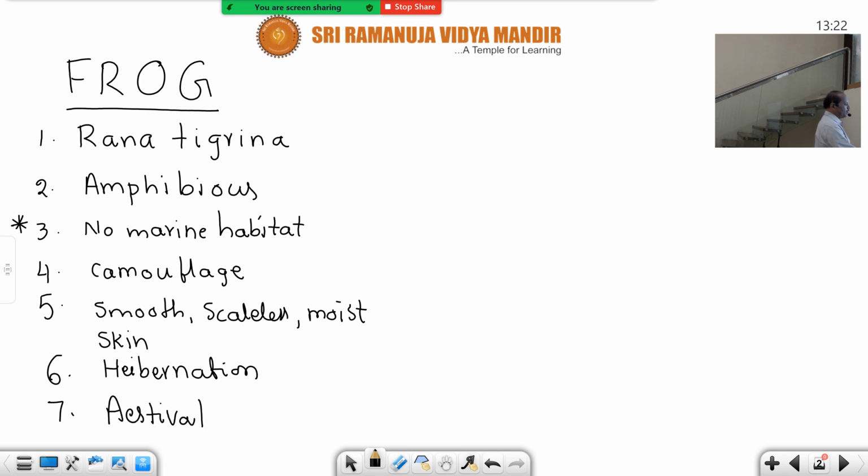They make burrows with 4 limbs and bury themselves in the mud. Even in summer they go deeper and to the deepest parts of the burrows till they get the moisture. They make burrows in such a way because in summer the upper layers are dried up.